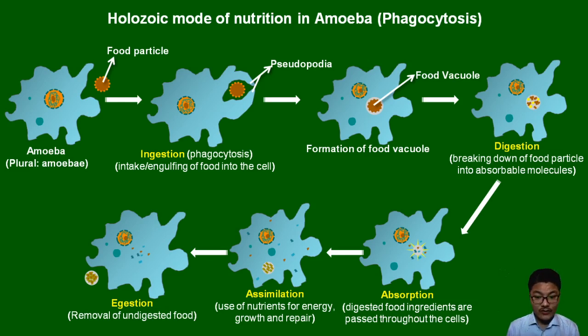If you observe the illustration, you are able to see some terms which are represented in yellowish colored letters. So first is ingestion, digestion, absorption, assimilation, and egestion. All these 5 terms written in yellow letters are ending with suffix ION. That means these are processes, and these are different life processes.